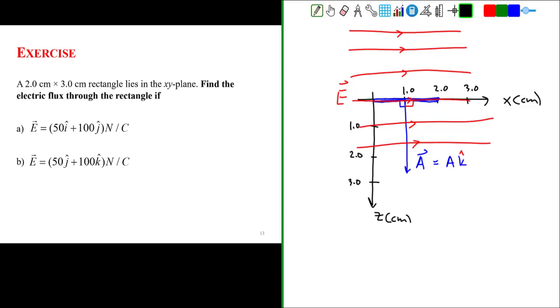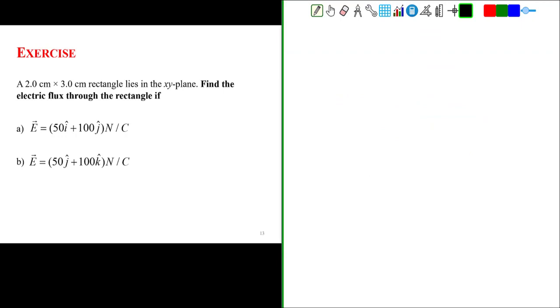Well, let's derive that. Let's use our formula for electric flux to calculate what it should be in this circumstance. We have that the electric flux through a surface is given by the surface integral of an electric field through that surface.